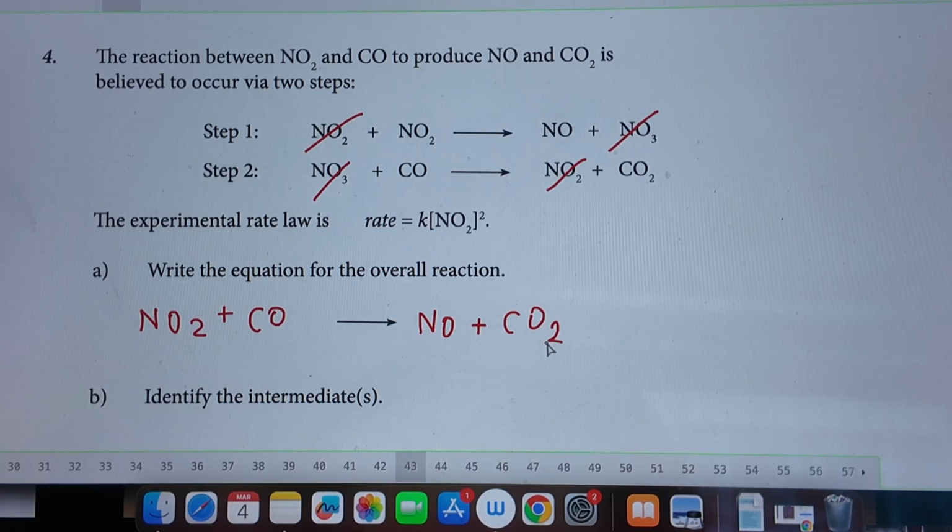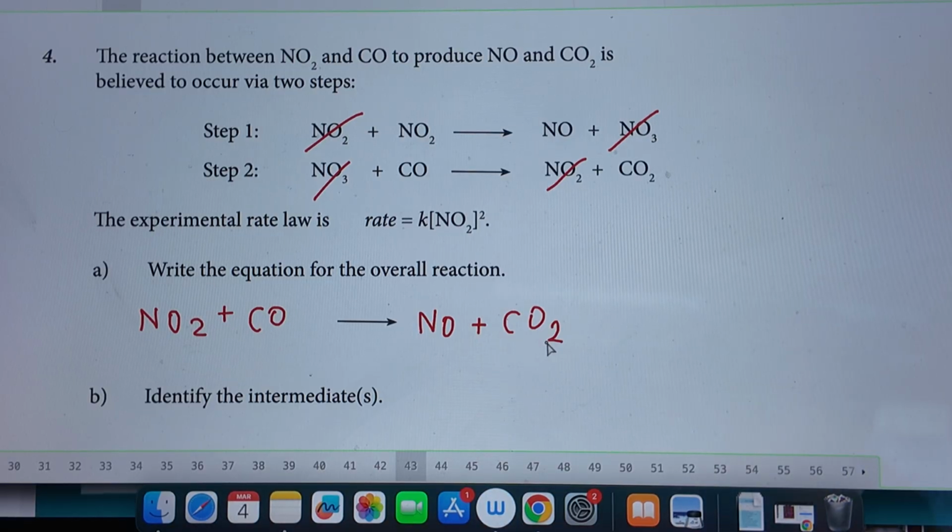The intermediate is things that are made in one step, but they are consumed one step later. So here.